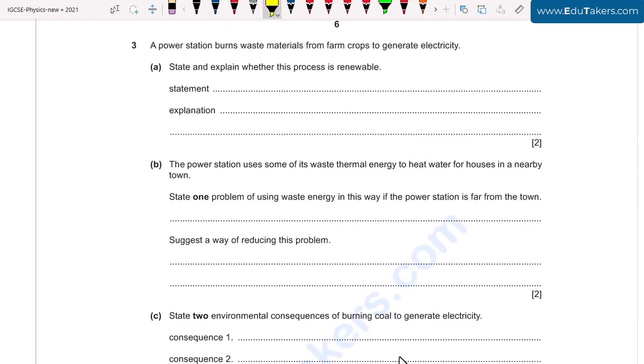Question number 3. A power station burns waste materials from farm crops to generate electricity. Part A. State and explain whether this process is renewable. So first of all, the waste materials from farm crops are used to generate the electricity and the waste materials don't run out.